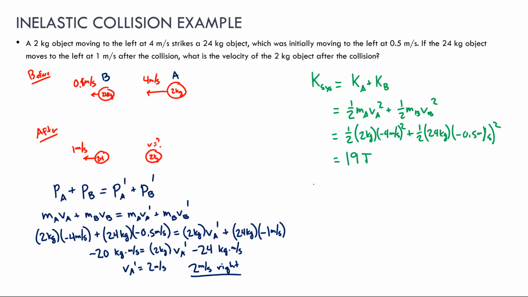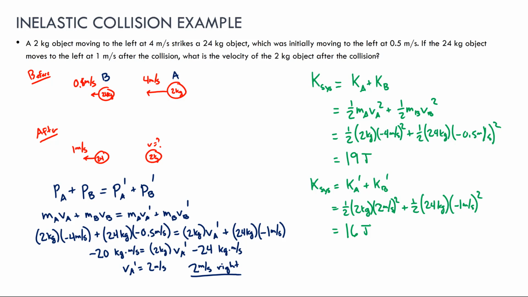Now, if I look at after the collision, it'd be the new kinetic energy of A plus the new kinetic energy of B, which means 1/2 times 2 kilograms times (2 meters per second) squared, plus 1/2 times 24 kilograms times (-1 meter per second) squared, which would give me a total of 16 joules.